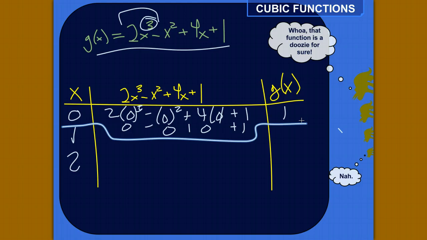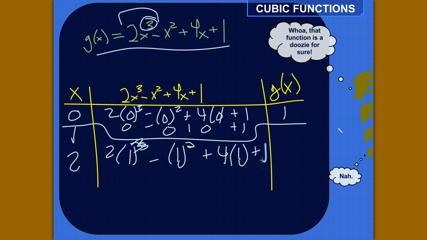So, alright, let's try plugging in 1 to this crazy thing. So this would be 2 times 1 cubed minus 1 squared plus 4 times 1 plus 1.